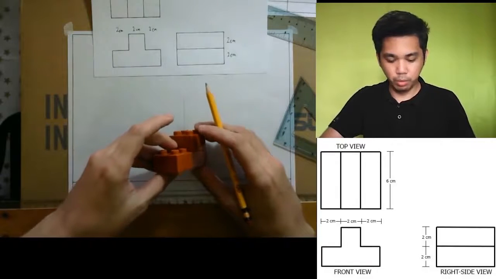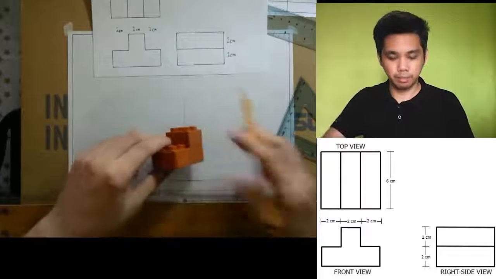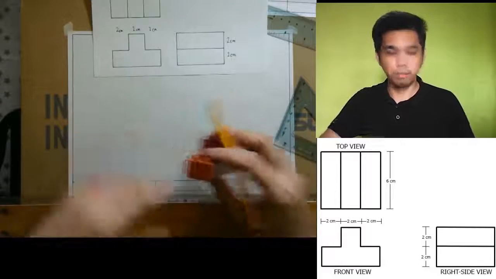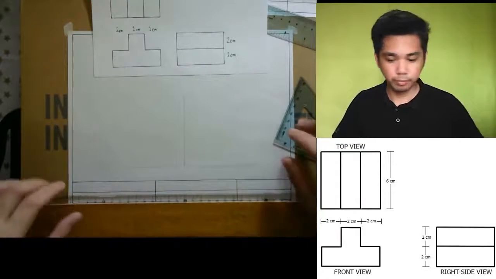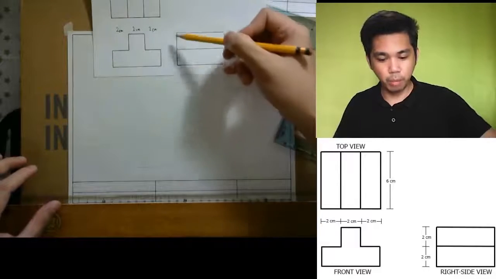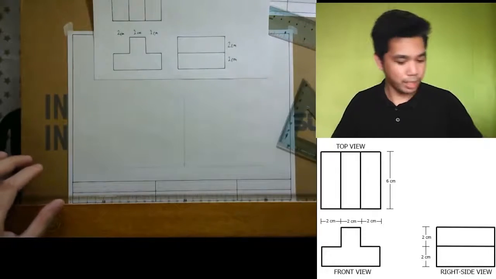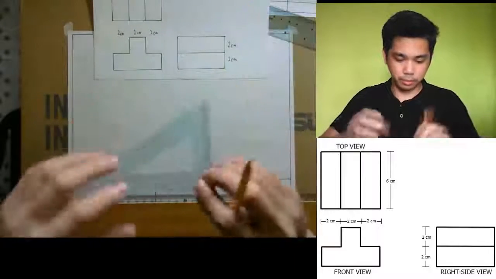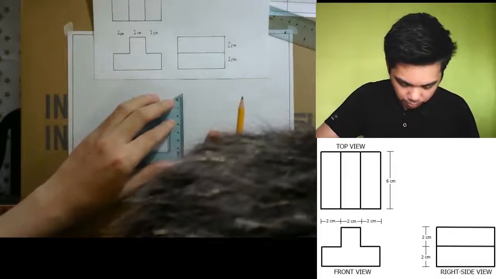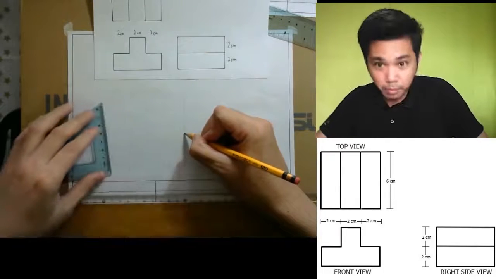So what we will do is create or project lines that will form our object. From your apex going upwards, we have to measure 4 centimeters. Let's leave a mark there.